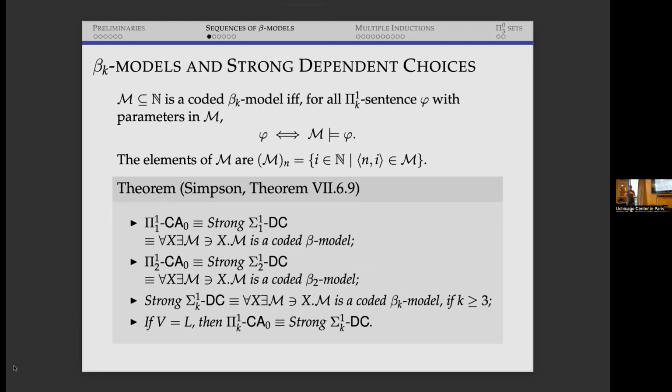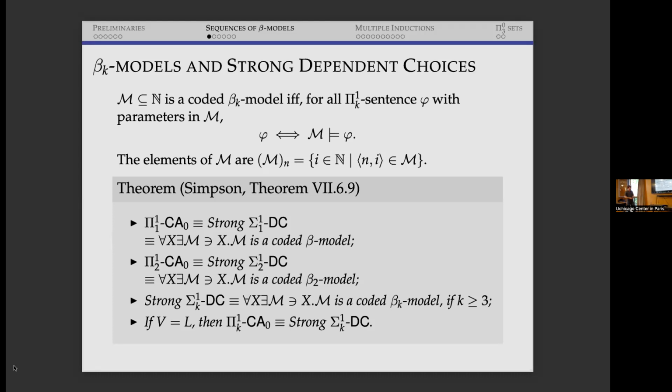A coded beta model is just a set of natural numbers, and the slices of it are going to be sets, and they satisfy the same Pi^1_k sentences as the ground model. So it's just a coding of its standard, so it should be fine. And we have that Pi^1_1-CA is equivalent to strong Sigma^1_k dependent choices and the existence of coded beta models including any given set.